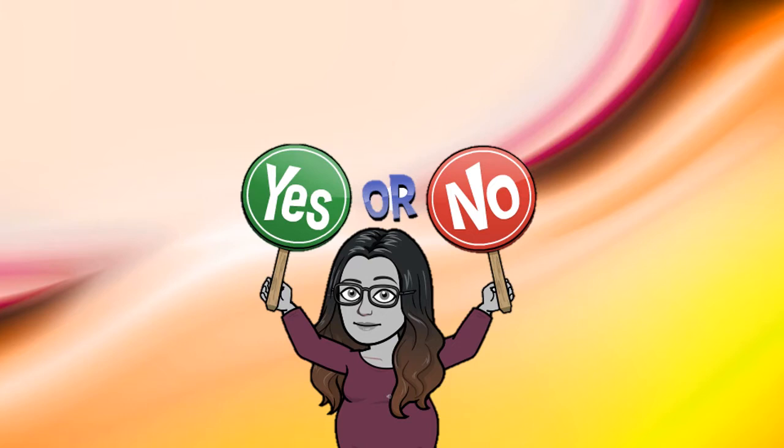Sasabihin ninyo lamang kung yes, tama ang ibinigay na abbreviation at no kung mali ang ibinigay na abbreviation. Sana naunawaan ang aking maikling directions. So tara, tingnan na natin kung kaya ninyong sagutan. Ito yung una.